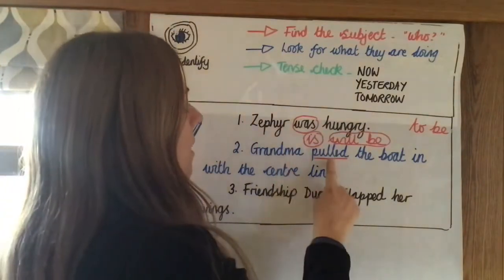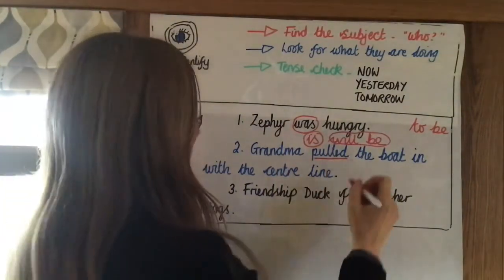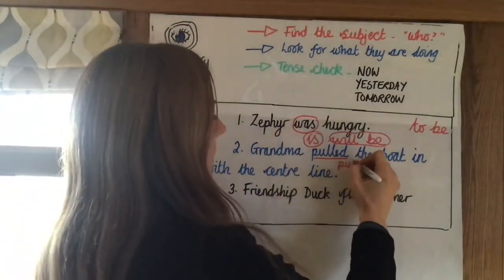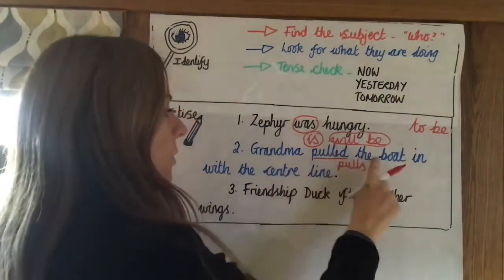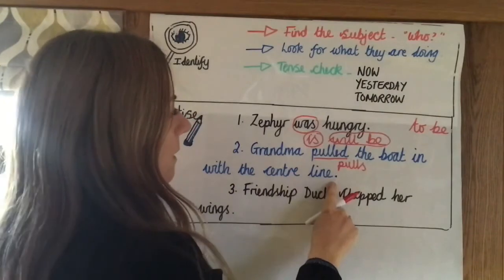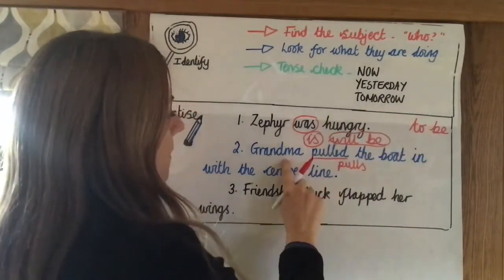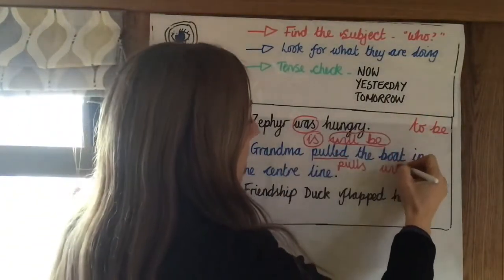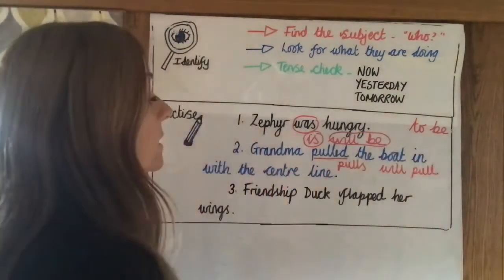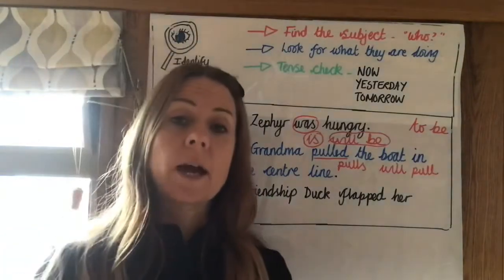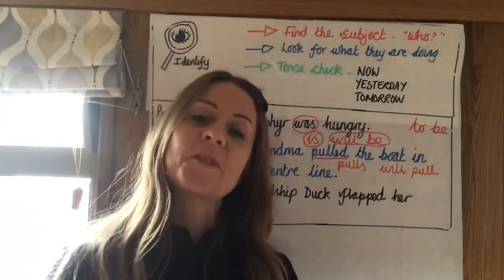Now, Grandma pulls the boat in with the centre line. Yesterday, Grandma pulled the boat in with the centre line. Tomorrow, Grandma will pull or is going to pull the boat in with the centre line. So pulled has changed each time. So pulled is our verb.